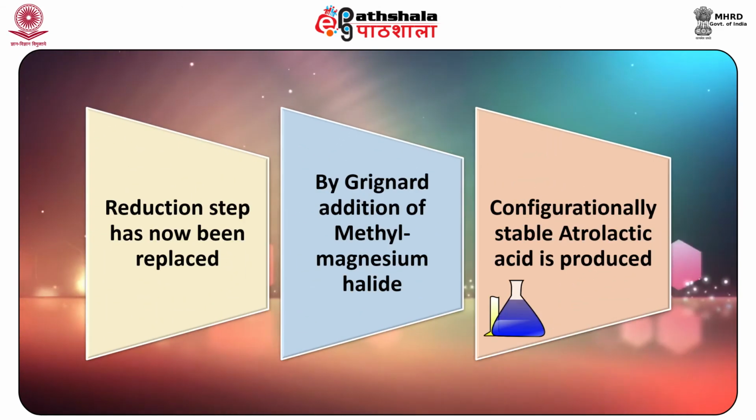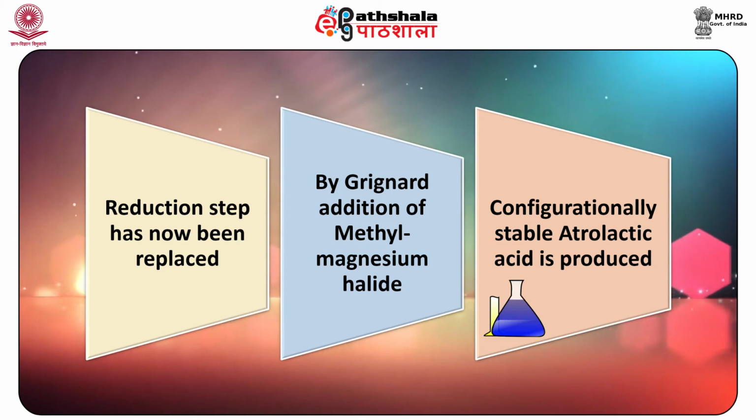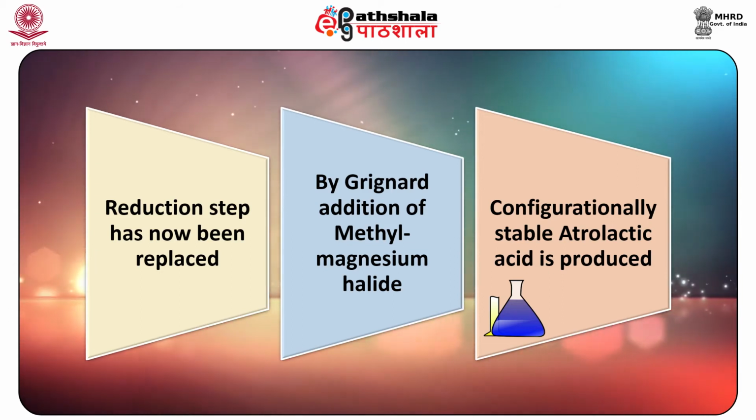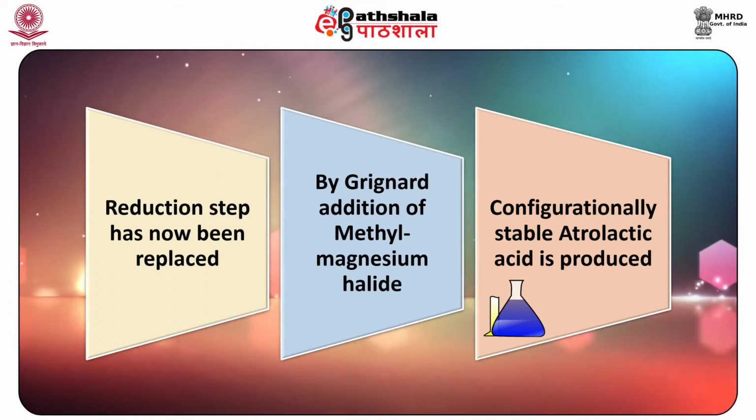The reduction step has now been replaced by Grignard addition of methyl magnesium halide so that the configurationally stable atrolactic acid is produced. Prelog's rule correlates the configuration of the hydroxy acid, that is atrolactic acid, with that of the alcohol as follows.